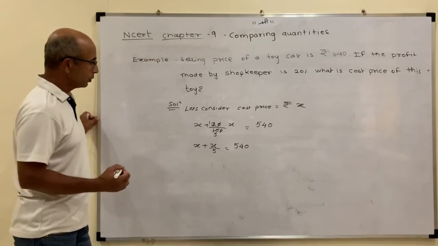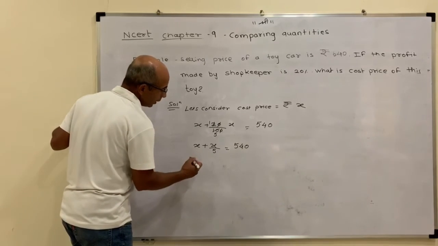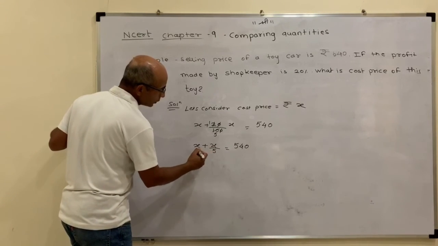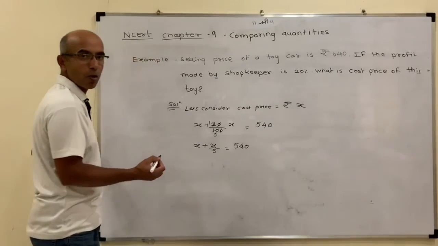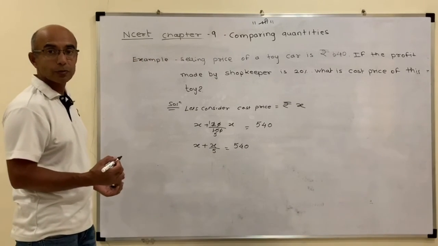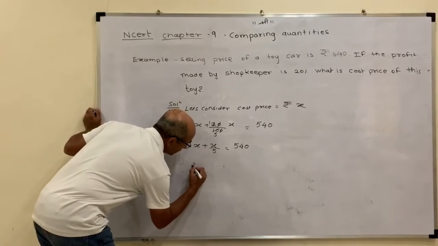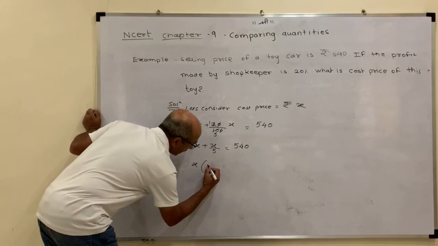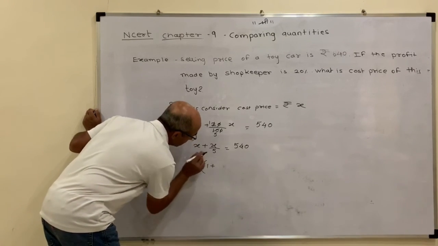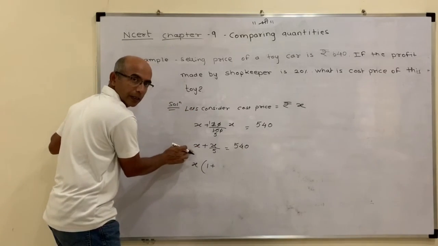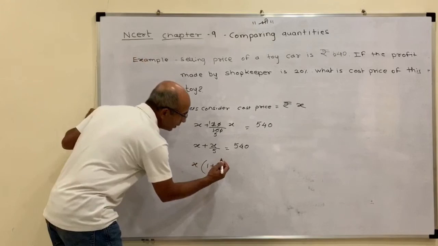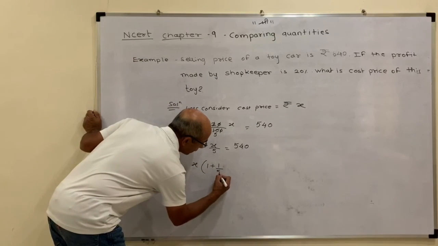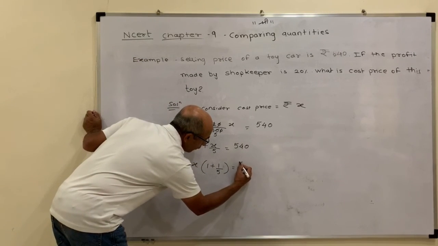So now what do we do? Let's do one thing. We take X as a common factor using the associative law. So X inside the bracket, 1 plus, when we take X common, the remaining inside will be 1 upon 5, is equal to 540.